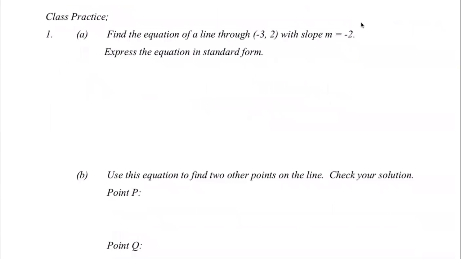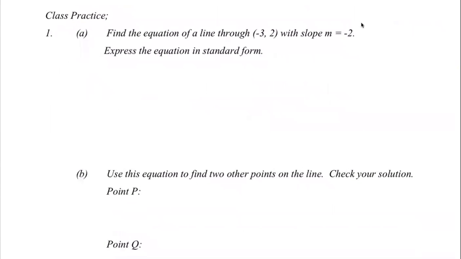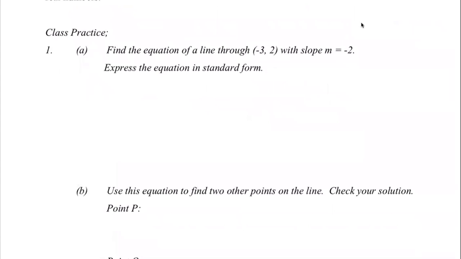So let's look at the class practice. Find the equation of a line through (-3, 2) with a slope m = -2. After doing the two examples that I provided, this question seems easier, right? Express the equation in standard form.